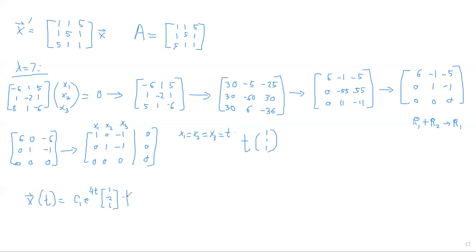And then our second eigenvalue was negative 4. So C2 e to the negative 4t. And that corresponding eigenvector was negative 1, 0, 1. And our third eigenvalue was 7. So C3 e to the 7t, 1, 1, 1. And this is our final answer.